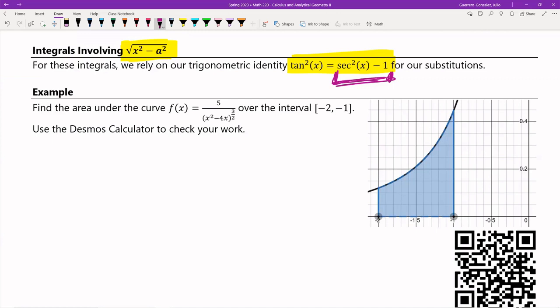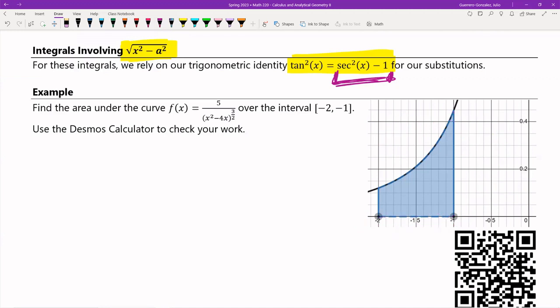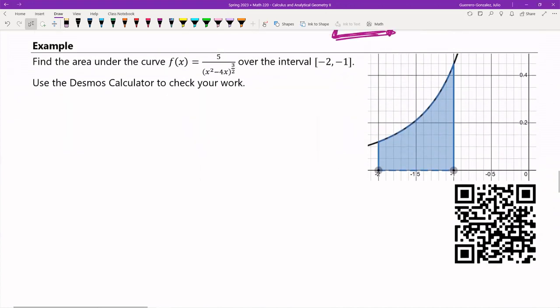So the integral here, or the problem, it's saying find the area under the curve over the interval -2 to -1. So we are looking for this area right here. So we know what we're looking for. This is a good old standard integral. I gave you guys the integral calculator here, just in case you want to verify the answer, and I'll do that at the end as well, okay?